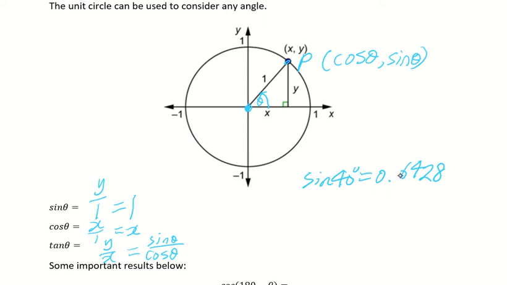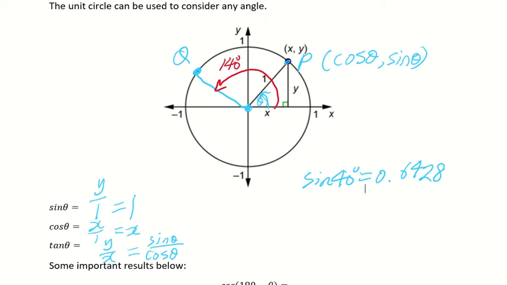If I want to have 140 degrees, say I've got a point Q there, and if I draw another line there, then if I start from the positive x-axis and go anti-clockwise, I've got this angle there, I call it 140 degrees.